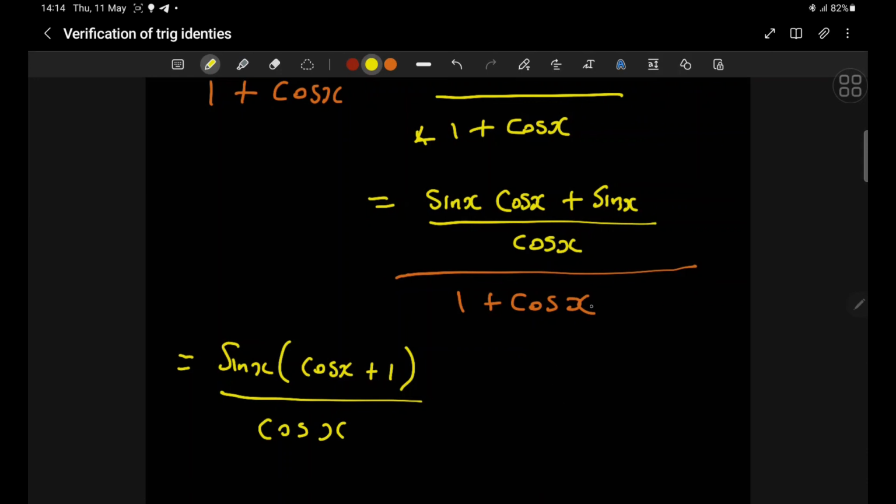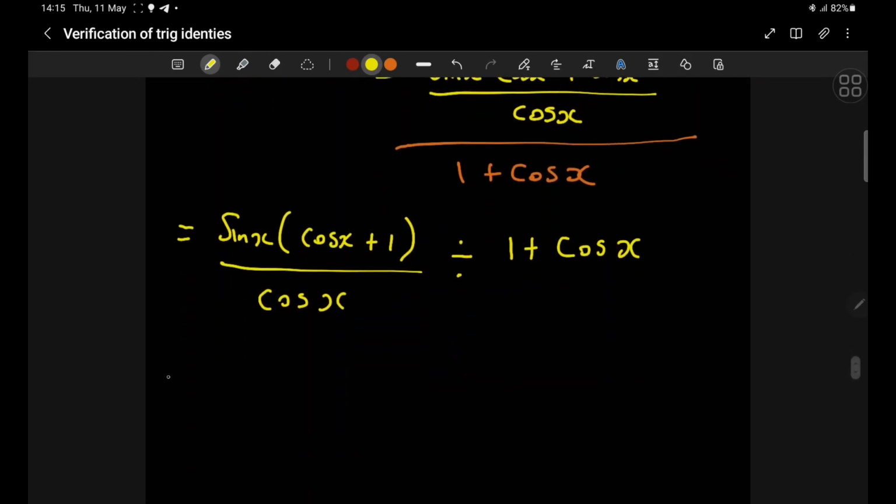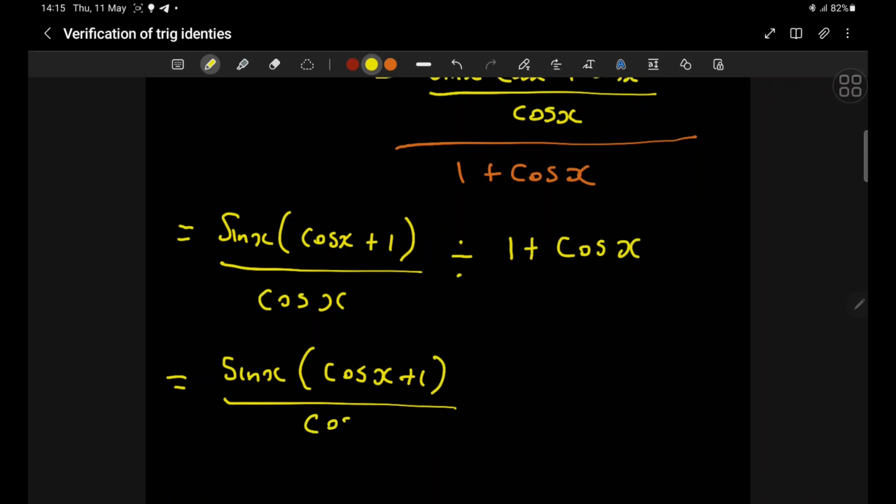Then we can rewrite this in a form that looks better by saying we're dividing this by 1 plus cos x. So from here, we multiply, then that will be 1 over 1 plus cos x.